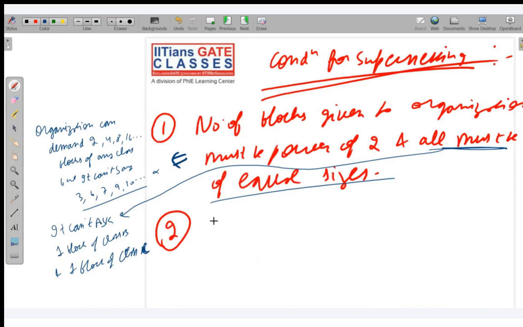Second, these blocks must be in contiguous fashion. So you cannot say give 1 block from here, 1 block from there, and so on. I will tell you about it, don't worry.